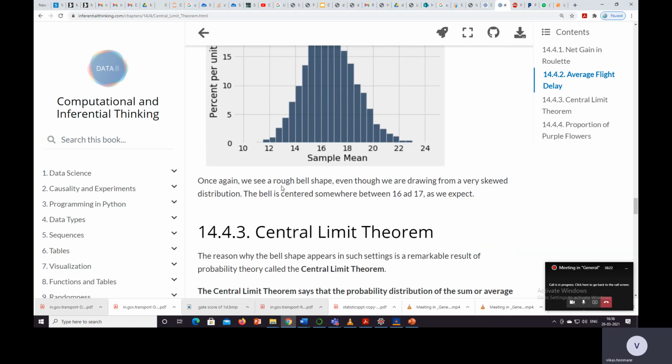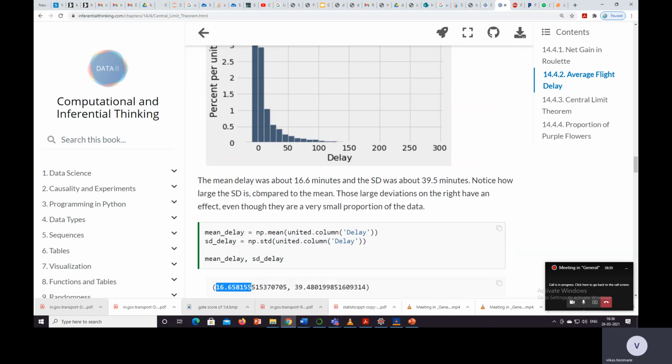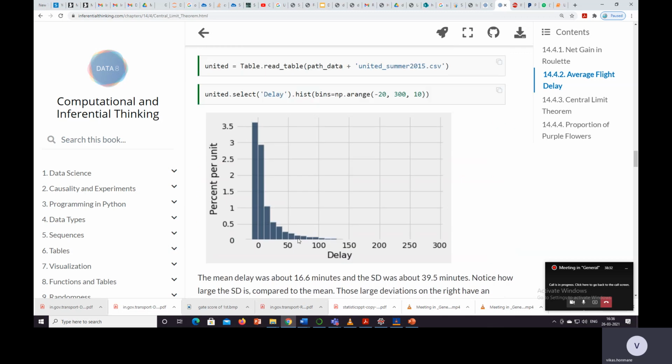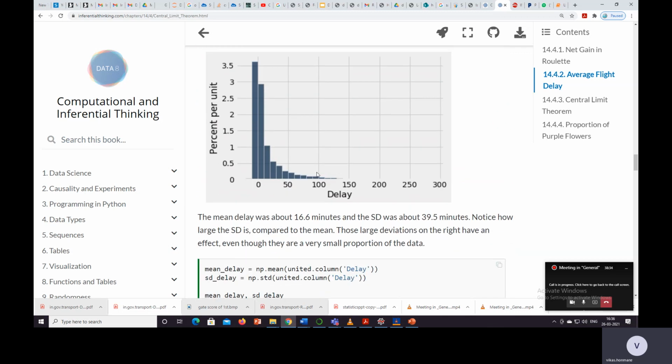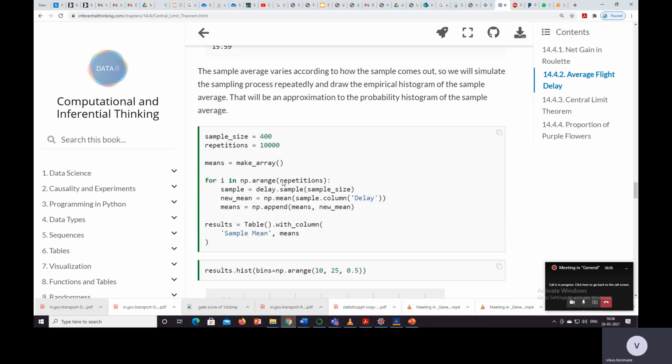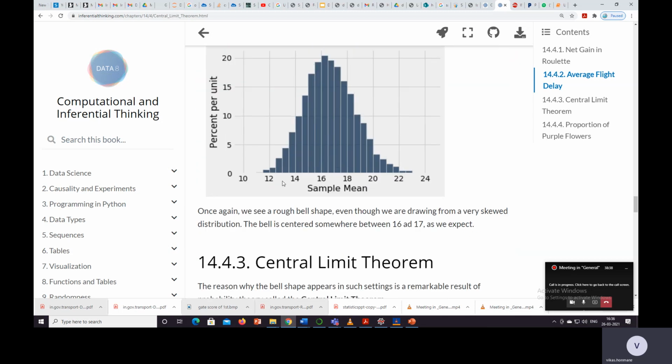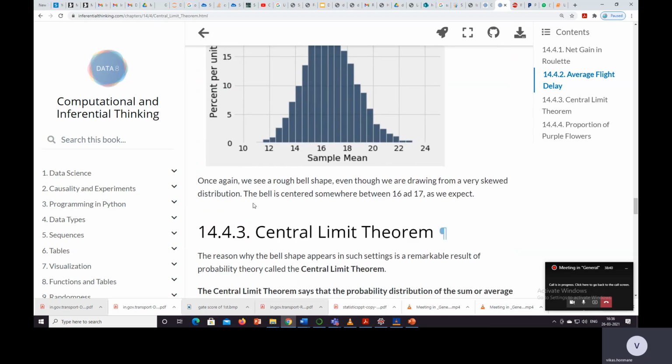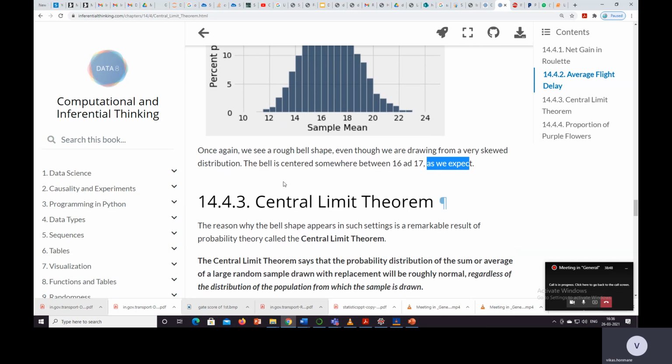Once we see a rough bell shape, even though we are drawing from a skewed distribution, the data we got is from a skewed distribution, but we have taken the mean of each month. Even so, the bell is centered somewhere between 16 and 17, as we expect. So our expectation is there.